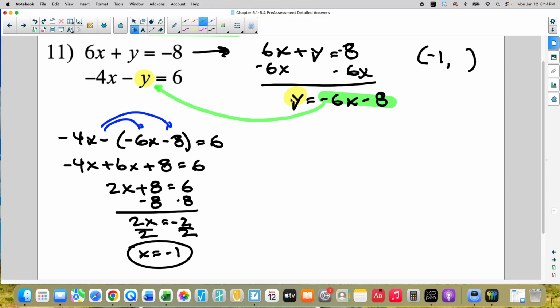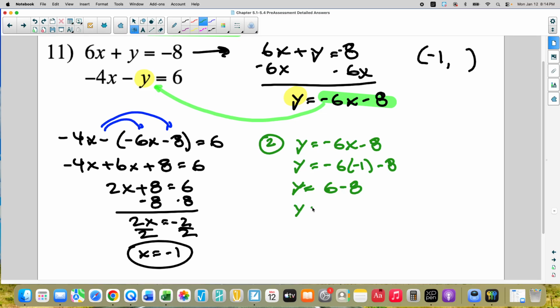I'm going to use this equation here to find y: y equals negative 6x minus 8. I'm going to plug in negative 1 for x, which gives me 6 minus 8, which is negative 2. So I think my solution is (-1, -2).